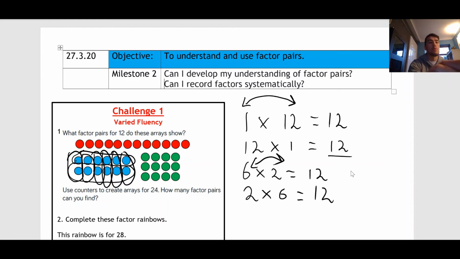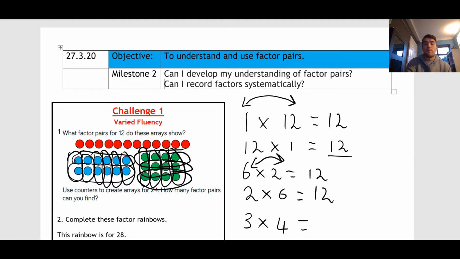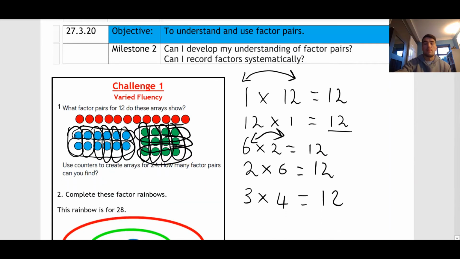Okay, everyone, so moving on to the final one here, the green group this way. 3, how many times? 1, 2, 3, 4. 3 times 4. Now going the opposite way, you have 4, 3 times.